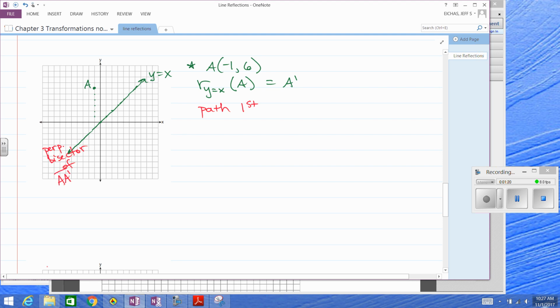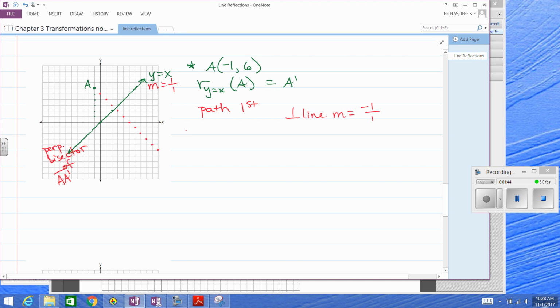So if you know the perpendicular bisector, or the mirror, first get its slope. Its slope is up 1, right 1. A perpendicular line would have a slope that is down 1, right 1. So that's how we're going to travel. A's path is going to go this way to reach A prime.